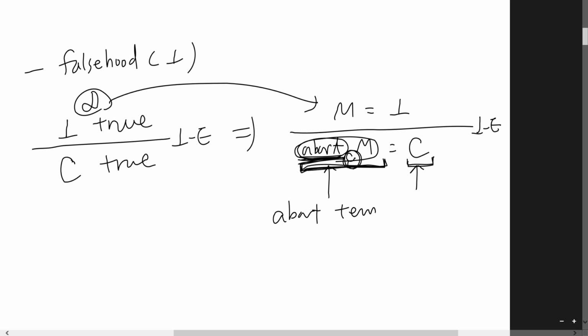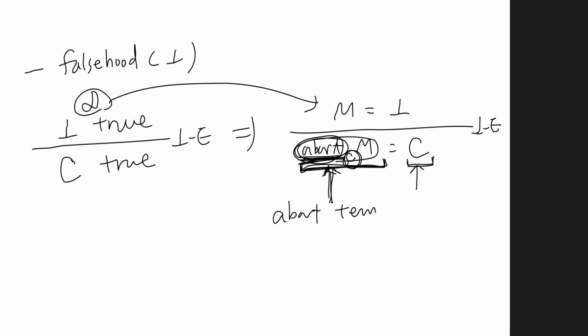Things will be clear later when we consider the operational semantics of this language, where it comes from. So for now, let's just say we use this abort to imply that the computation will be aborted later.